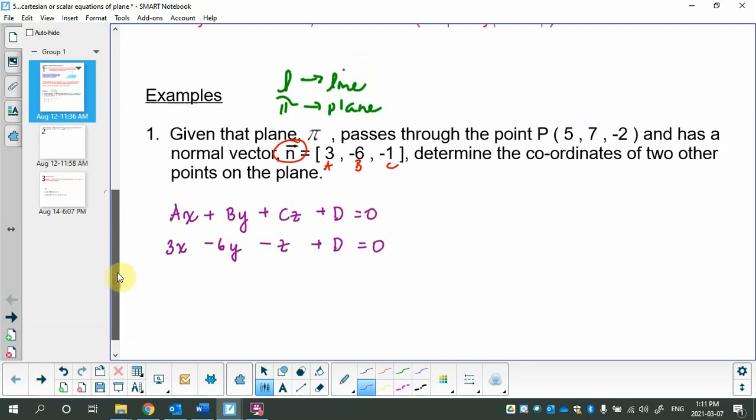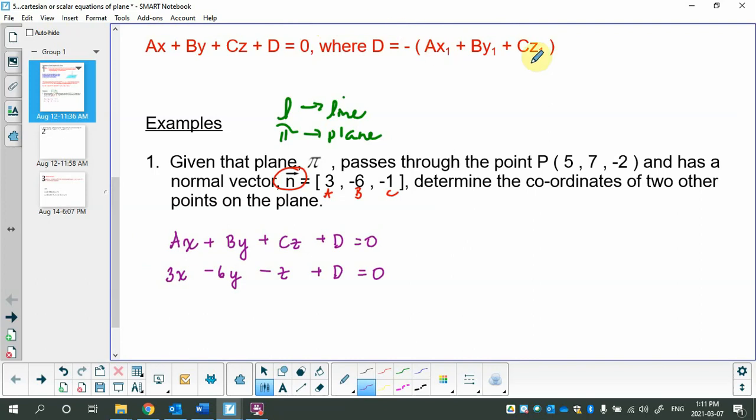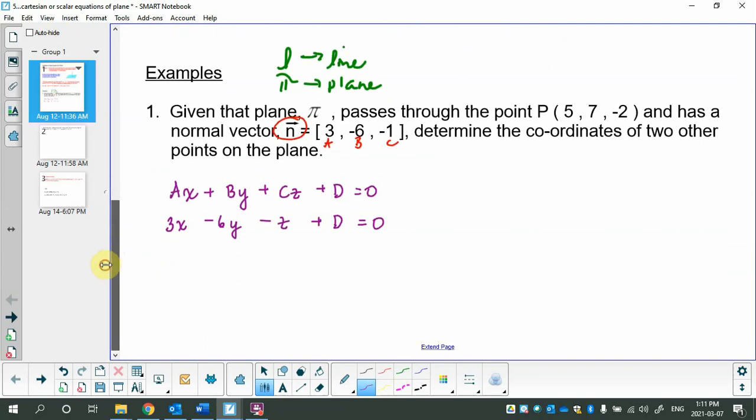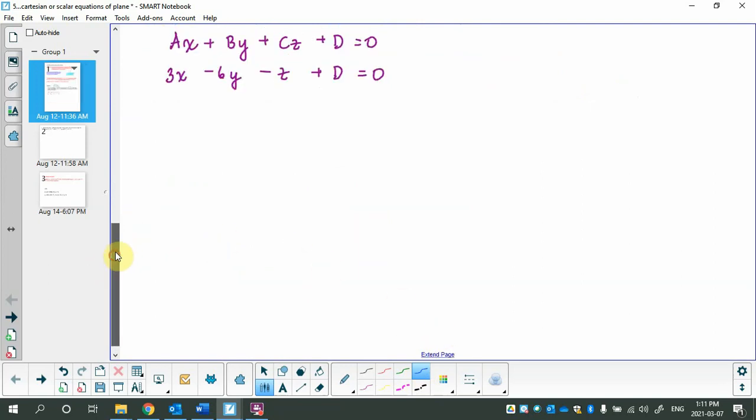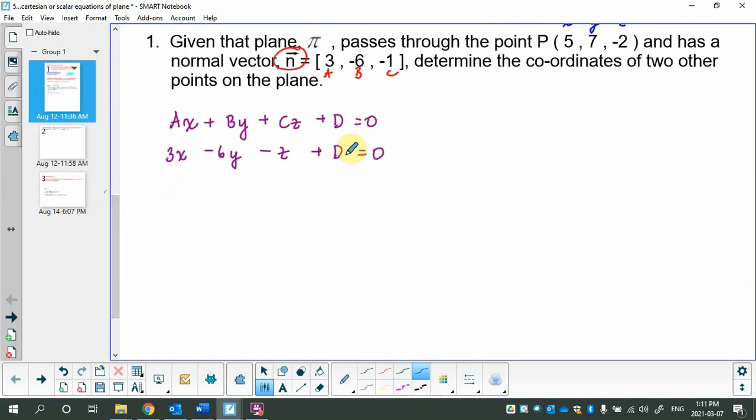And if you want to know your d, you can totally use this formula. But I'd prefer to use algebra, because I have a point where this is my x coordinate, this is my y coordinate, and this is my z coordinate. And I can put those in, and then I'll only have one unknown.